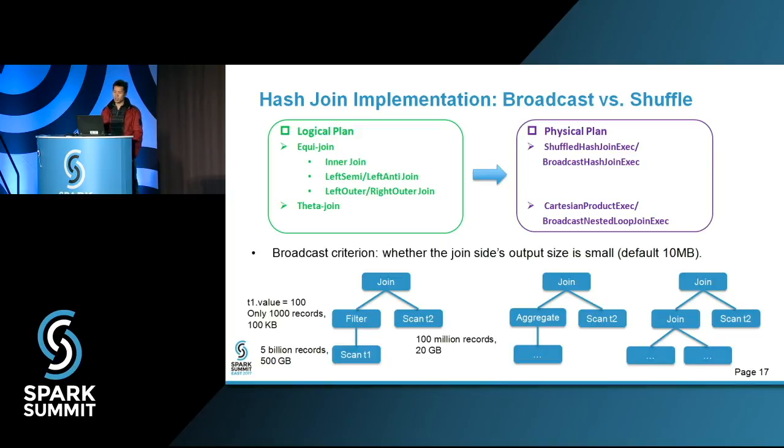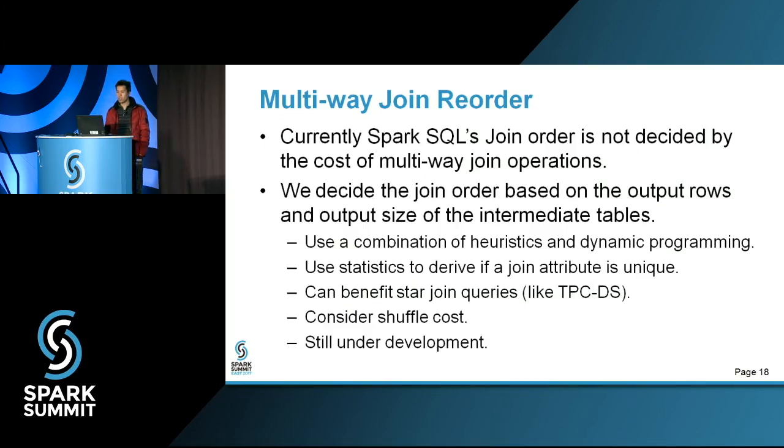In these cases, we can get a better broadcast decision because now we can estimate the cardinality for different operators much more accurately based on the statistics we collect. Next, I want to talk about MultiJoin Reorder.